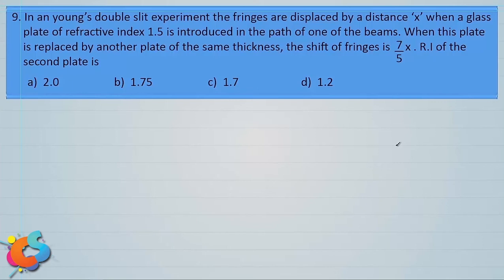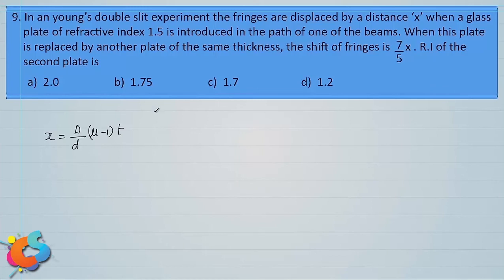Dear students, in order to solve this problem, we must be aware of the expression for the shift produced when a glass plate is placed in the path of one of the interfering beams, and that shift is given by the expression x is equal to D by d into (mu minus 1) into t. Here mu is the refractive index of the material of the glass which is placed in front of one of the slits, and t is its thickness.